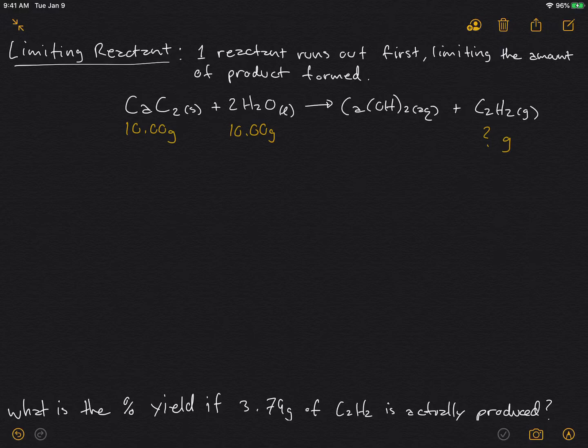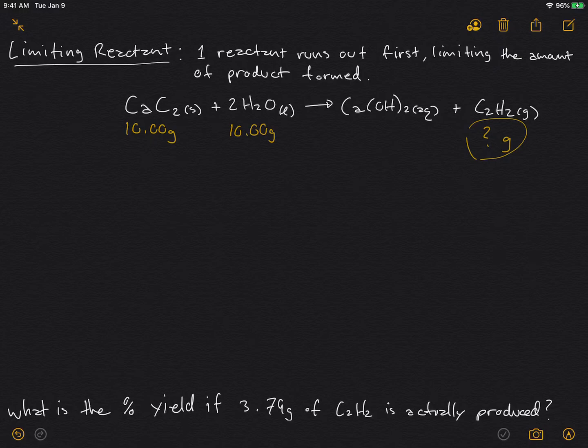And usually it's the product that the problem asks for. So in this problem, we have 10 grams of calcium carbide and 10 grams of water, and we want to know how much acetylene can be formed in this reaction.